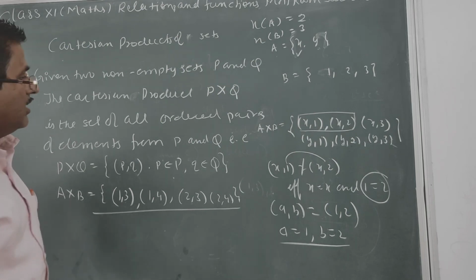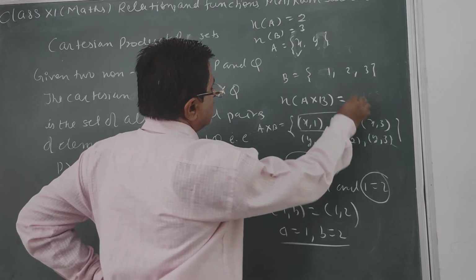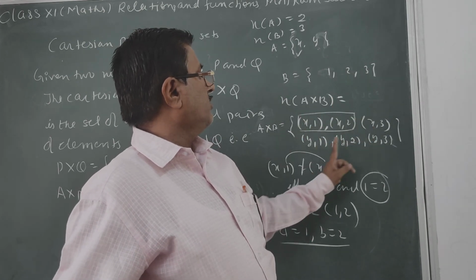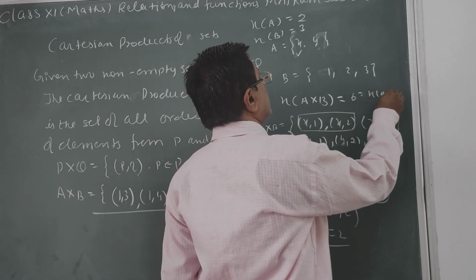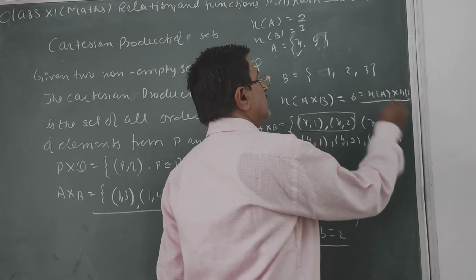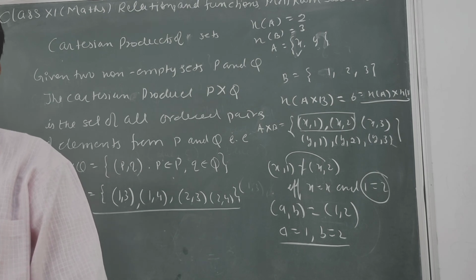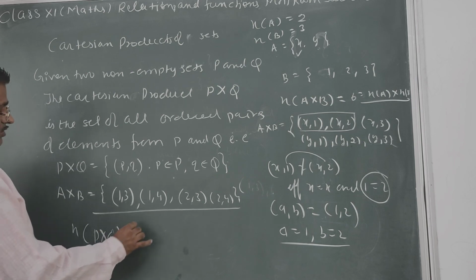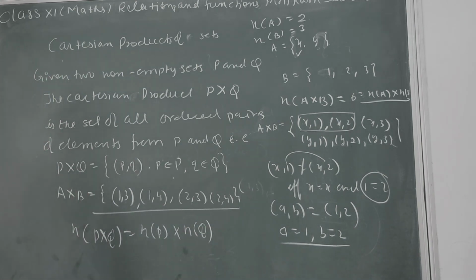So now number of elements in A cross B, इसमें count कर लीजिए, यहाँ पर 1, 2 थे, यहाँ 1, 2, 3, इसमें कितना, 1, 2, 3, 4, 5, 6. तो इसमें 6 आ रहा है, that is the number of elements in A into the number of elements in B. So what is the number of elements in the Cartesian product? तो कार्टेशियन प्रोडक्ट में नंबर ऑफ एलिमेंट कितना होगा, the number of elements in P cross Q is always the product of the number of elements in P and Q. Very easy, you can see, correct?